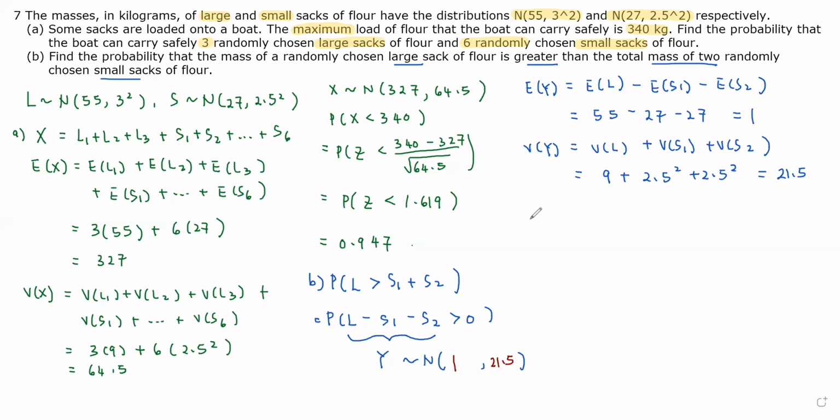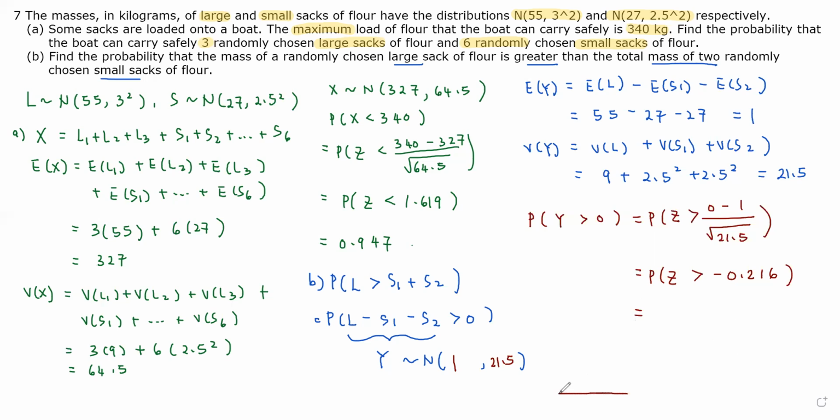The probability that we need to find is the probability that Y is greater than 0. We standardize this and we have the probability that Z is greater than 0 minus 1 over the square root of 21.5. And we have the probability that Z is greater than negative 0.216.